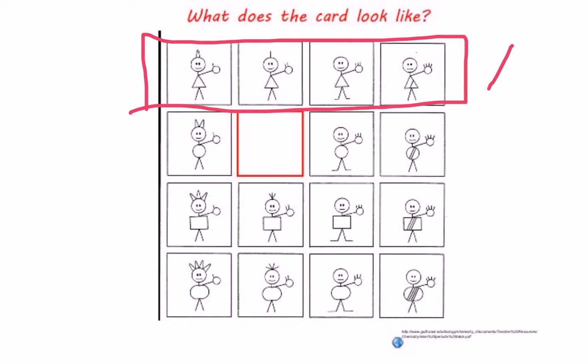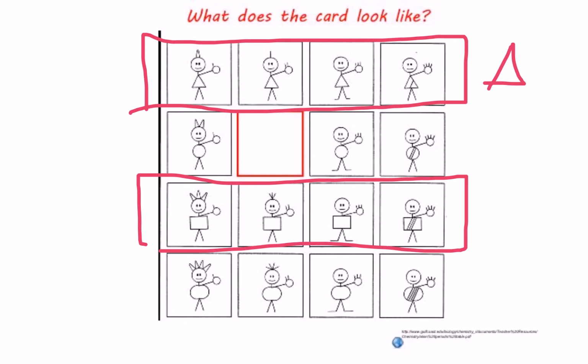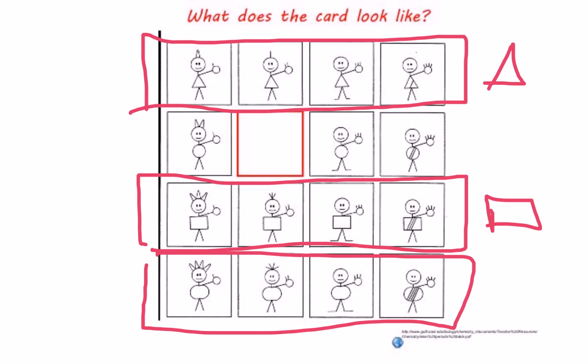For example, this one has a triangular shape. This row has a rectangular shape. All of these aliens right here have a rectangular shape. And here, all of these aliens have an oval shape. So if I had to guess, this card that I'm missing must have a body shape of a circle. So that's my guess right there.